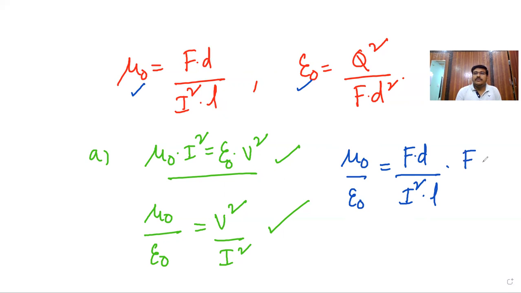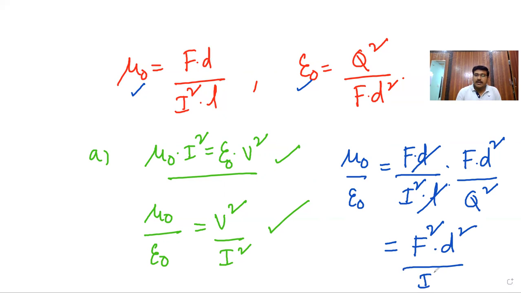That is F into D square by Q square. Now, observe here. Okay. Now, these terms, if I simplify, one of the length parameter, distance parameter cancel out. So remaining is F square into D square by I square into Q square.